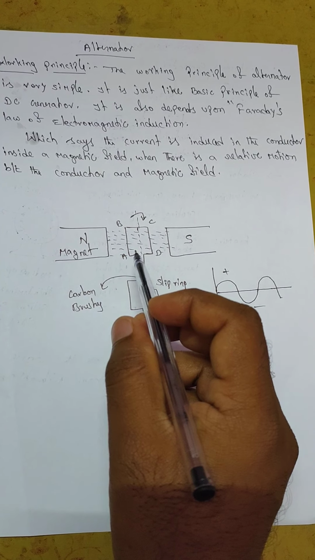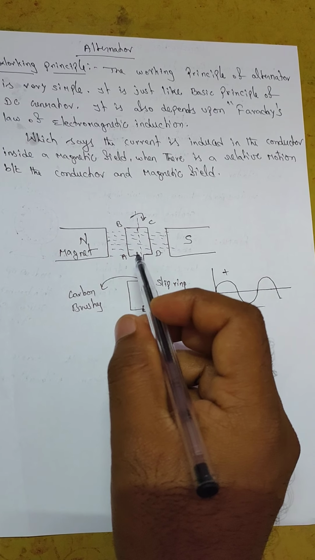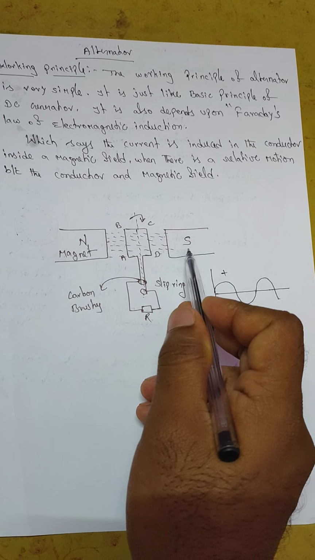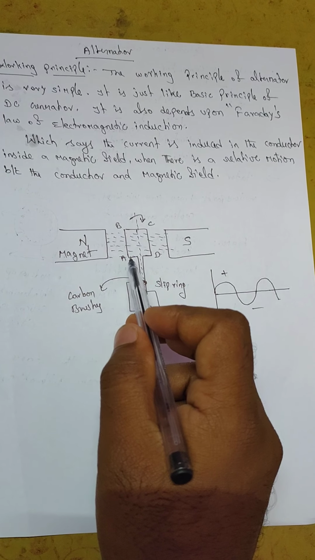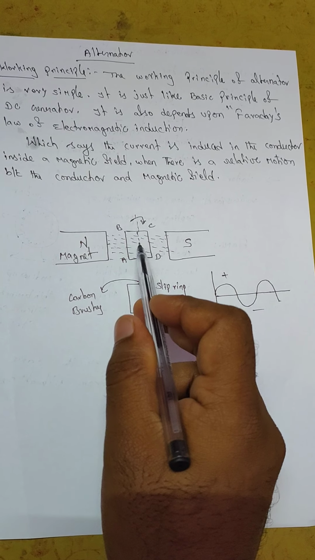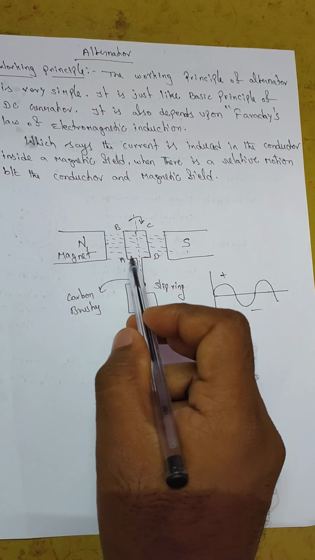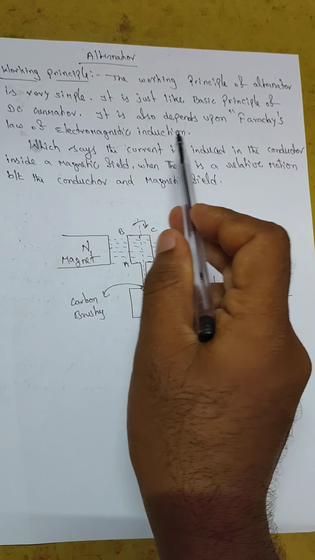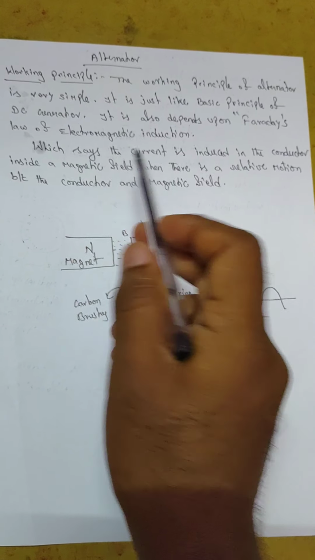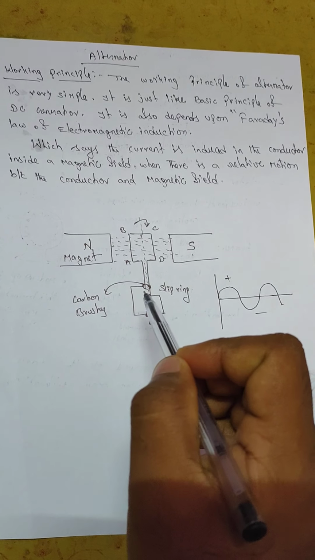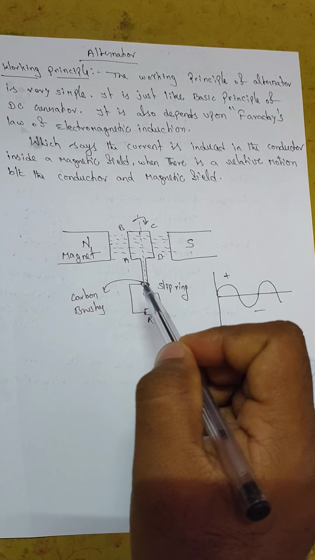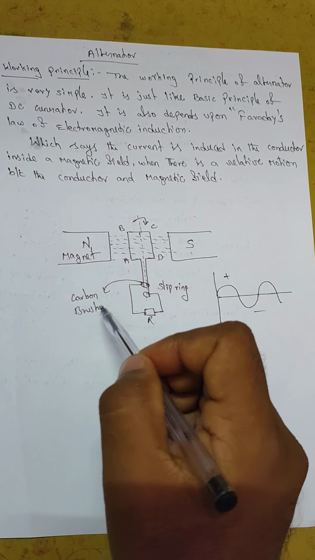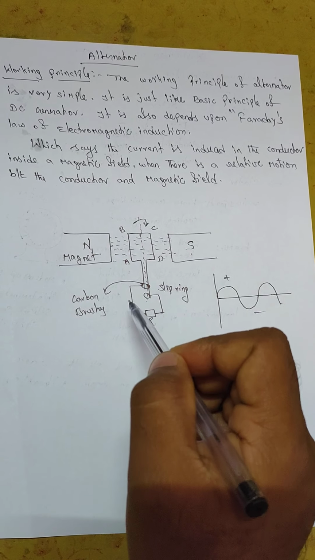Whenever the magnetic lines pass from the north pole to the south pole, the conductor will cut the magnetic lines. When it cuts them, according to Faraday's law of electromagnetic induction, current will pass through the conductor. This conductor is directly connected to carbon brushes, and the current is taken out from there.